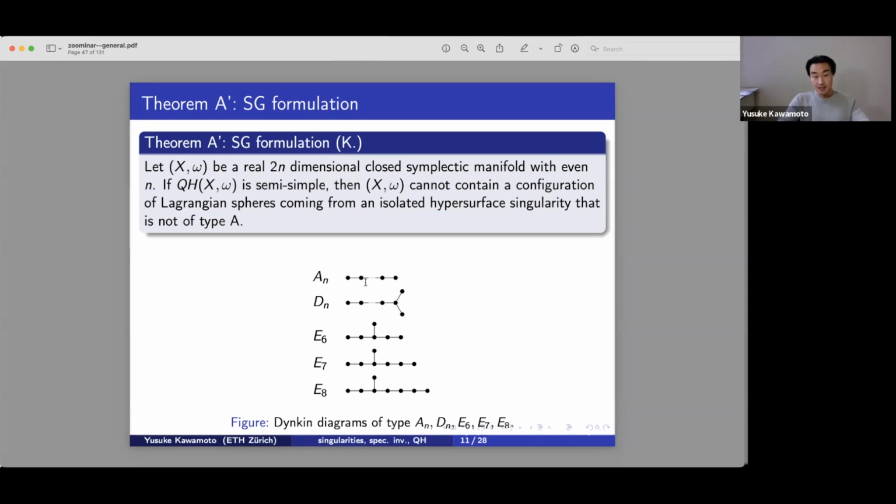Theorem A prime is saying that as long as your quantum cohomology is semi-simple, then you're not allowed to have Lagrangian spheres intersecting like the D type diagram or the E type diagram, that you can only have honest chains. Okay.